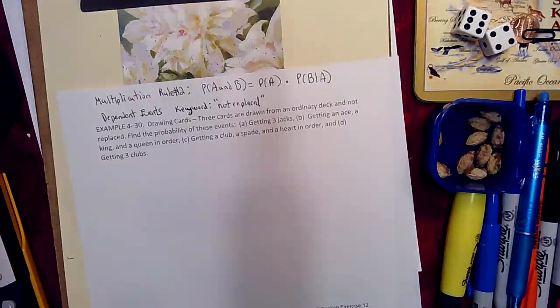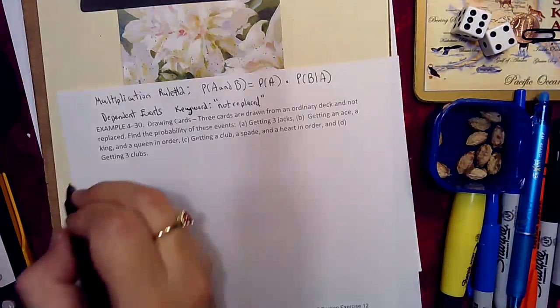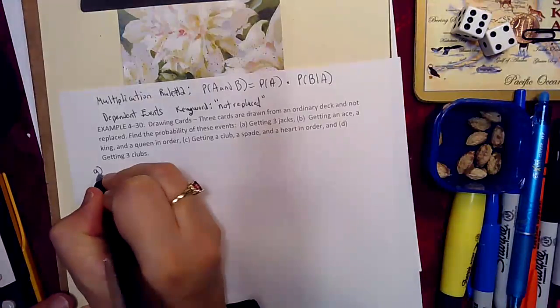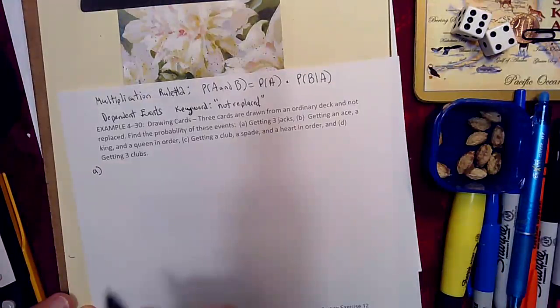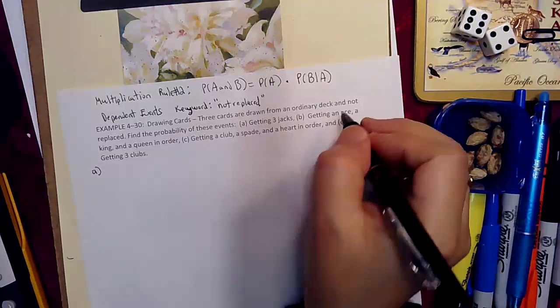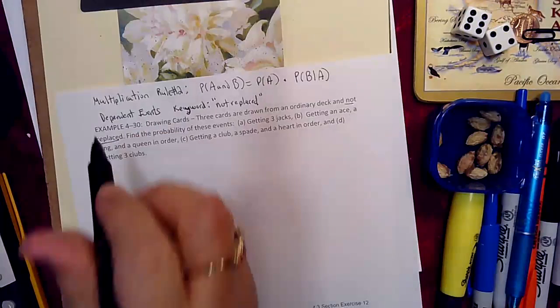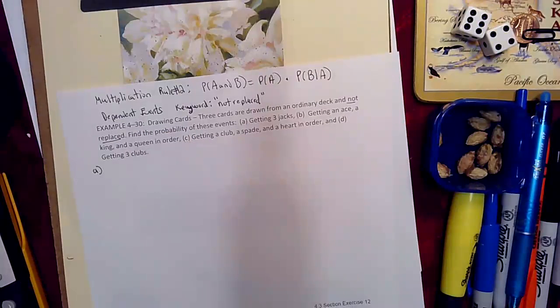So here's our first example, part A. Three cards are drawn from an ordinary deck. So there's 52 cards in an ordinary deck, and they're not being replaced. That's important, and that's how you know you're going to have to use multiplication rule number 2 as opposed to multiplication rule number 1.